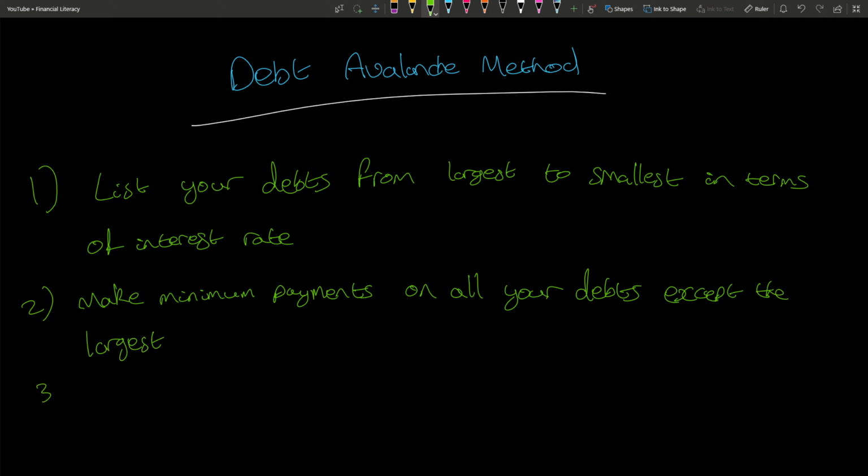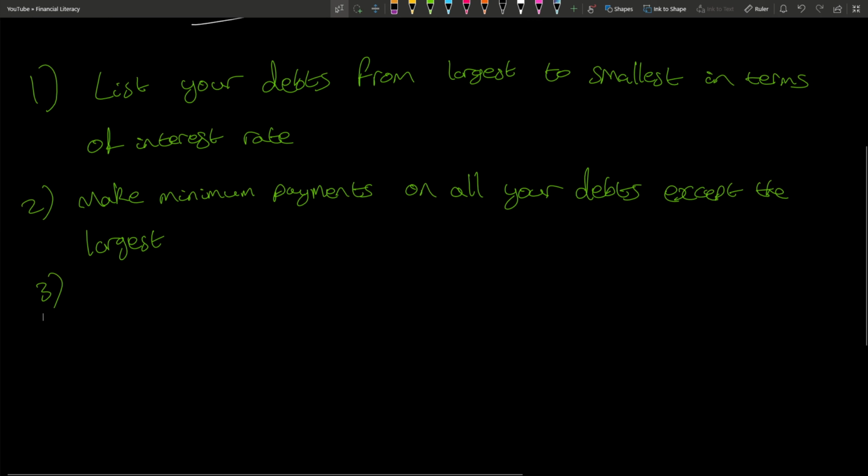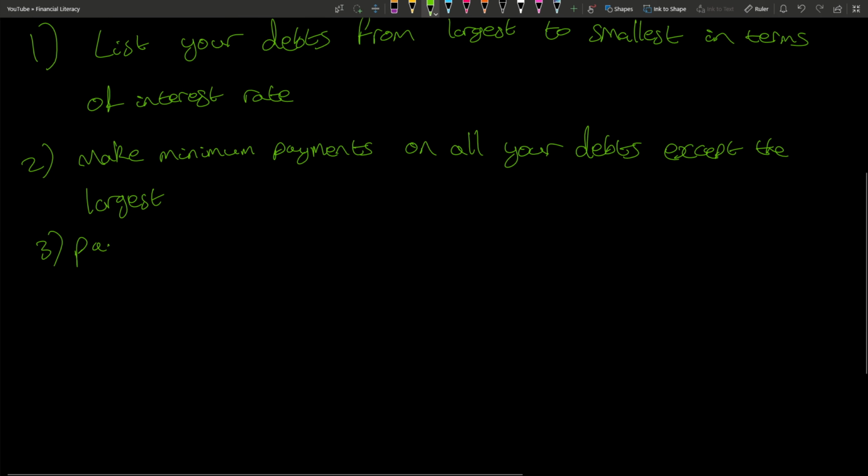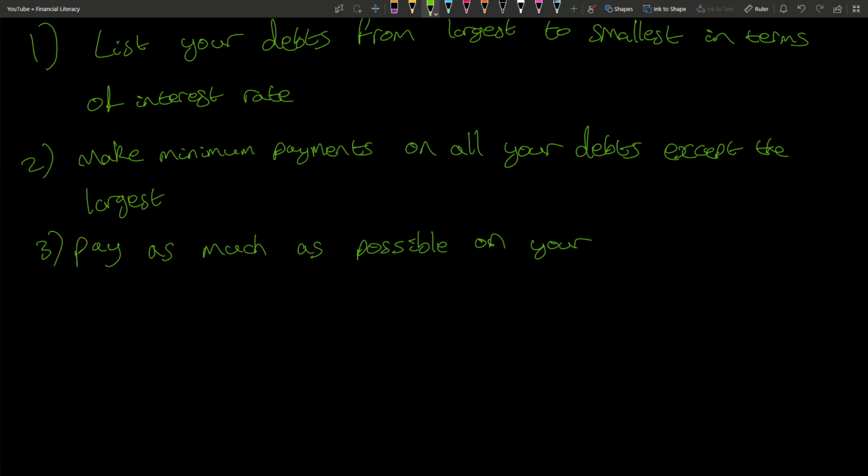Except the largest. Step three is to pay as much as possible on your largest interest rate debt.